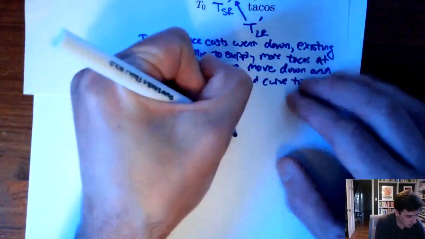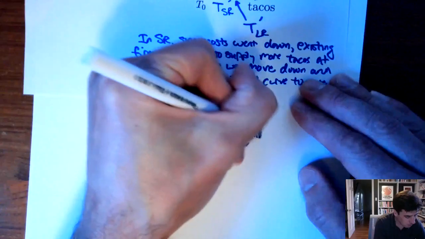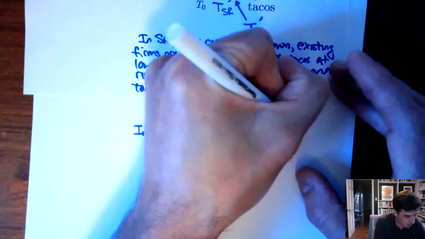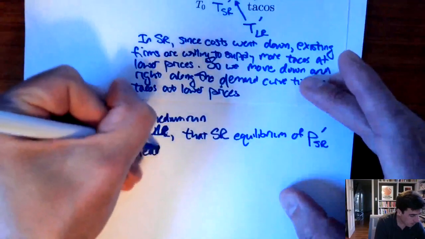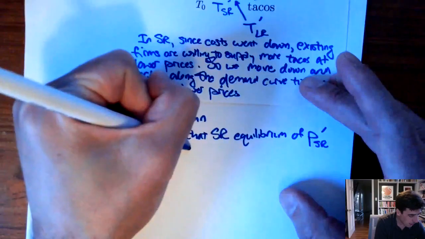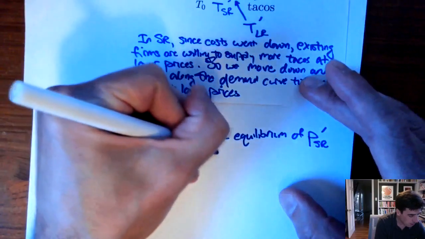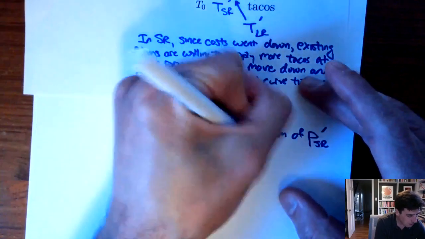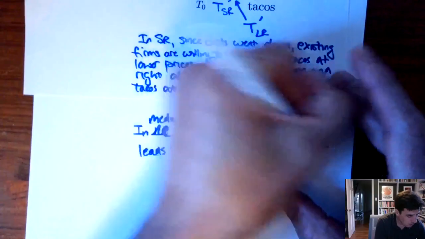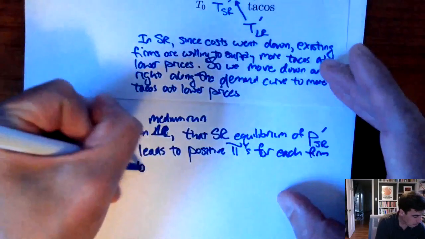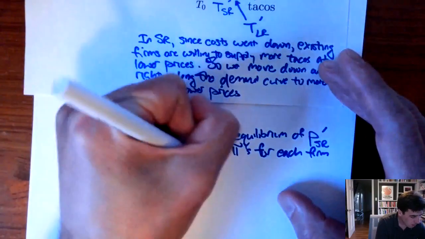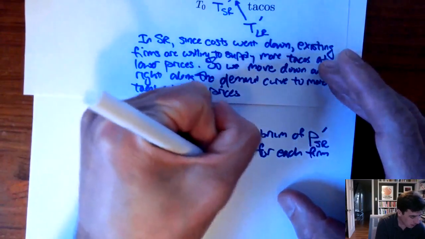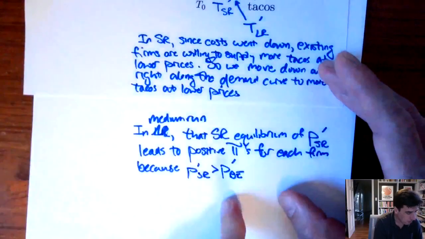That short run equilibrium of P short run prime, right, leads to positive profits for each firm, right, because P prime SR is greater than the new equilibrium break-even price, right?